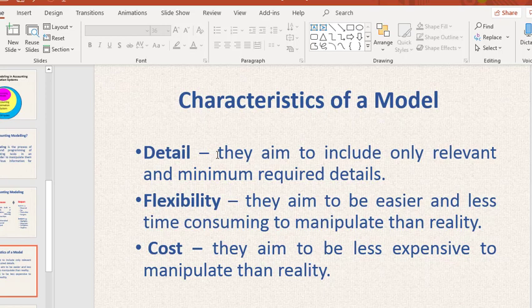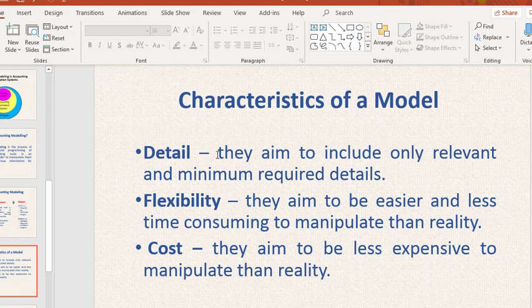in a very attractive manner. And the flexibility, now flexibility means once the model is developed, you should be able to easily and conveniently manipulate the input area. Now once the input area is easily manipulated, the output area is automatically manipulated.